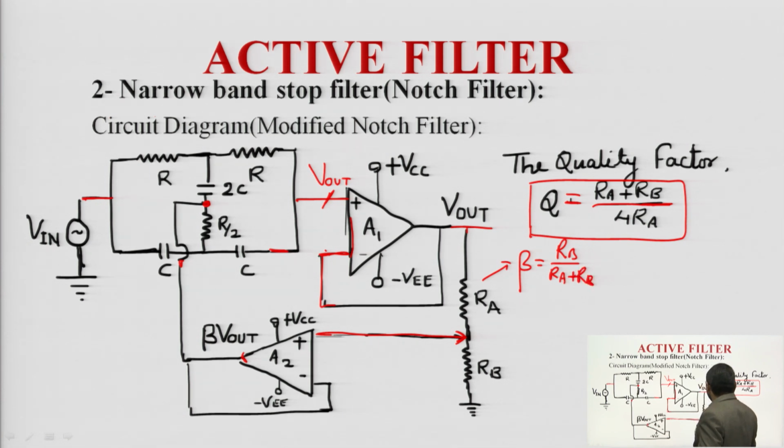This is the feedback ratio, and it will be the ratio of R A upon R B upon R A plus R B. Okay.